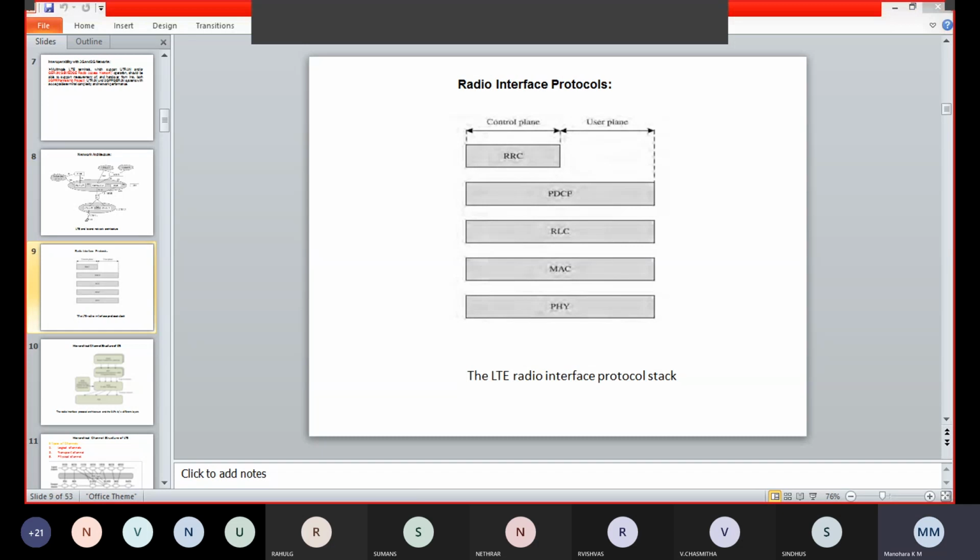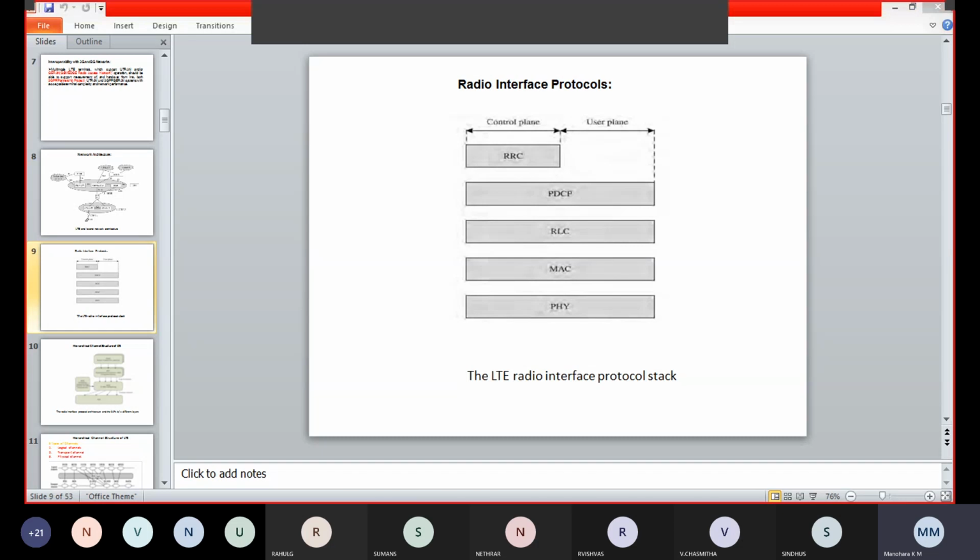The next mode we have is the unacknowledged mode. In this mode, detection of packet loss is allowed and it provides packet reordering and reassembly, but does not require the retransmission of the missing protocol data units, that is PDUs.